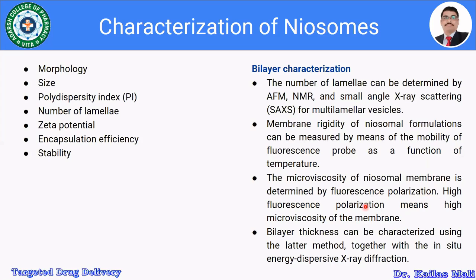High fluorescence polarization means high microviscosity of the membrane. Bilayer thickness can be characterized by using the latter method together with in situ energy dispersion X-ray diffraction. So this is about the bilayer characterization of the Niosome.